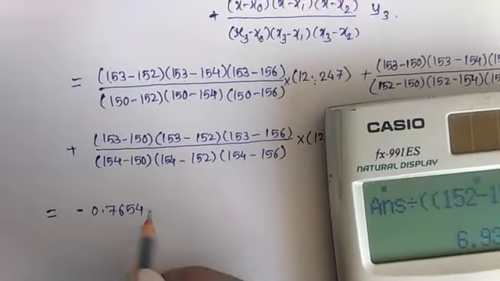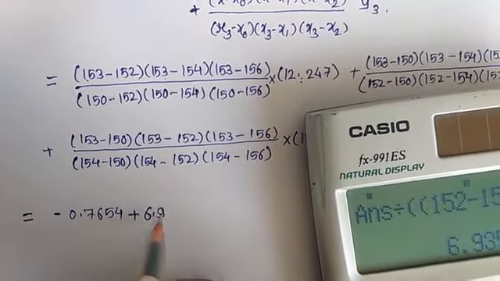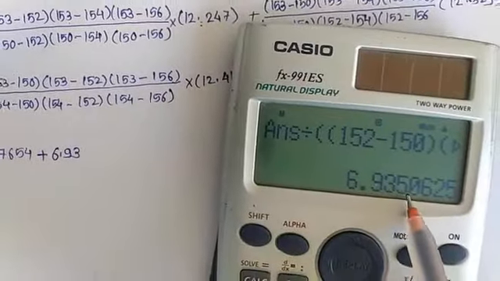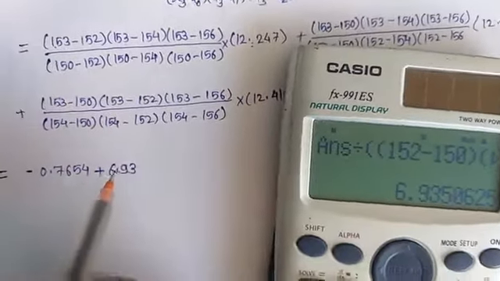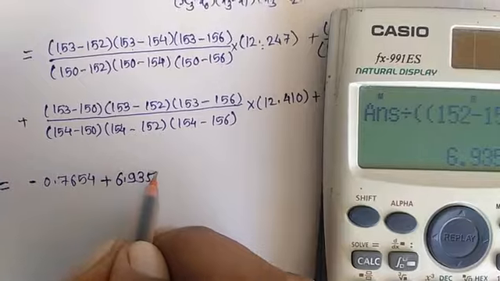So our answer will be 6.9350 plus... 6.9350625, you can write 51 also, or you may write 50 as it is.